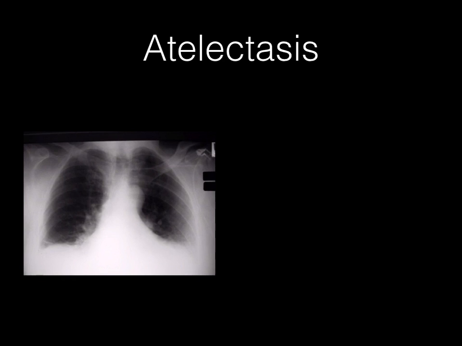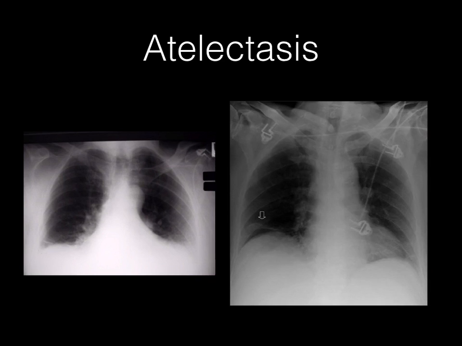Sometimes there might be infiltrate seen within the lower zones, which might indicate the presence of atelectasis. On occasions, you may also visualize certain bands within the lower zones, and these are called atelectatic bands. As I said earlier, you might actually visualize infiltrates rather than the bands themselves.